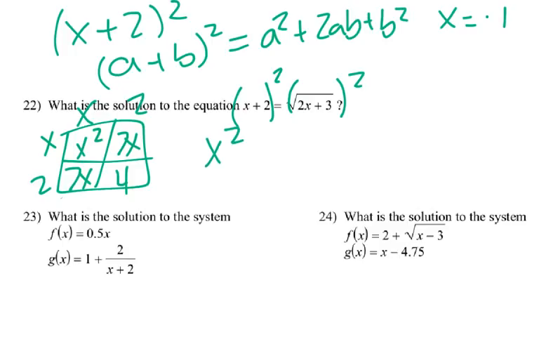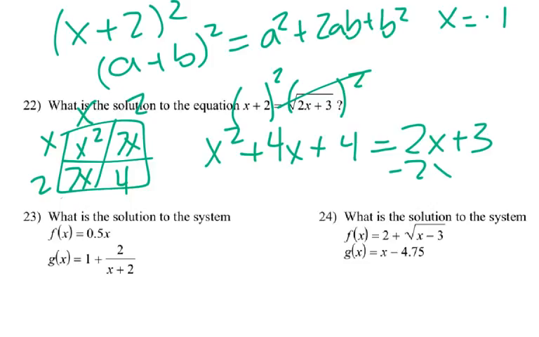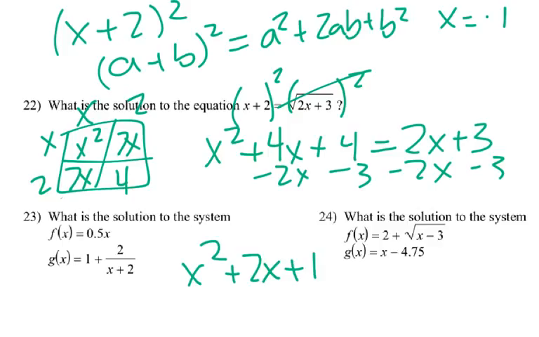So we have x squared plus 4x plus 4 equals, those cancel, 2x plus 3. Now I subtract 2x from both sides, and I subtract a 3 from both sides. So I end up with x squared plus 2x plus 1. Now that equals 0.